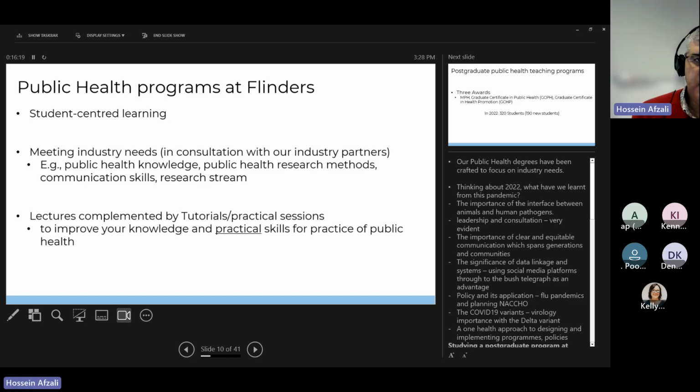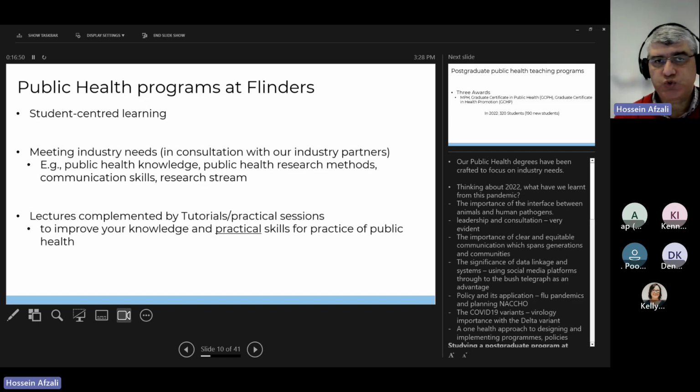The second distinctive element for the public health program here at Flinders is, as I said, meeting industry needs. What does that mean? It means that over the past 3-4 years, we had extensive consultation with industry in order to get some knowledge and insight into what competencies they need.